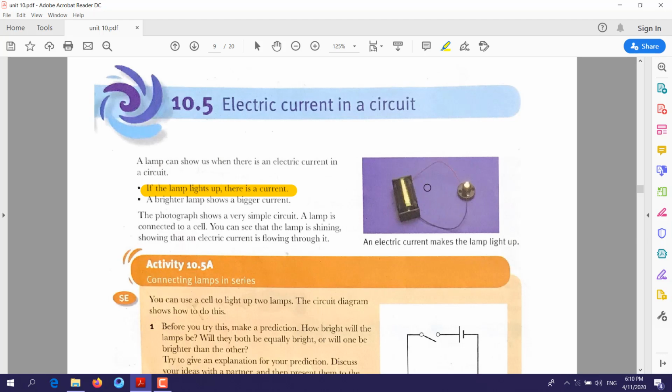In this electric circuit, when the lamp lights up, that means there is electric current. Then how will we know how much electric current there is? A brighter lamp shows a bigger current. What does that mean? The brighter the light, the bigger the current.